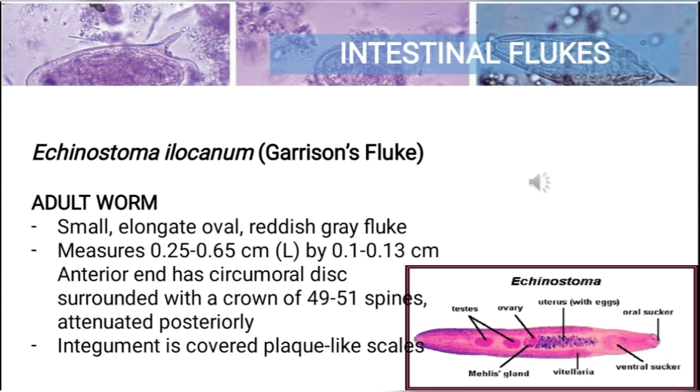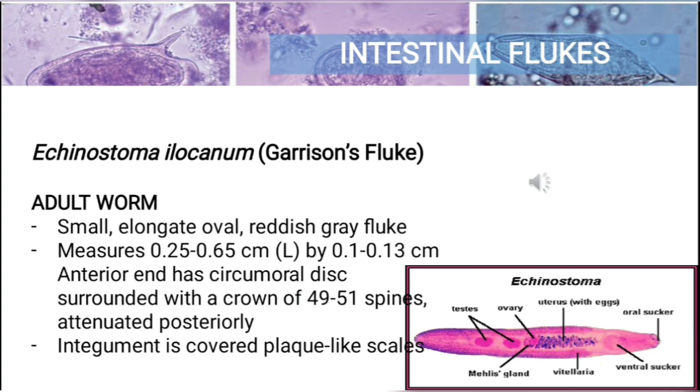Let us describe our Echinostoma ilocanum adult worm. The Echinostoma ilocanum adult worm is somewhat reddish gray in color, and it measures 2.5 to 6.6 millimeters in length and 1 to 1.35 millimeters in width. The oral sucker is smaller than the ventral sucker.